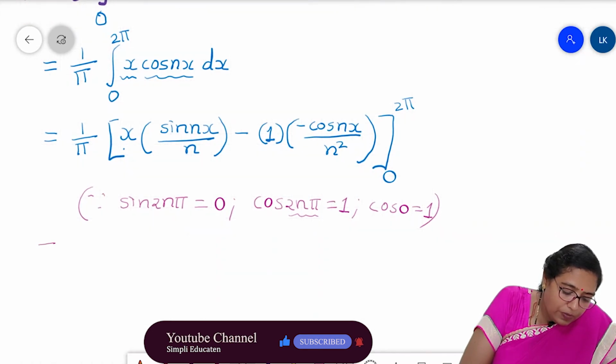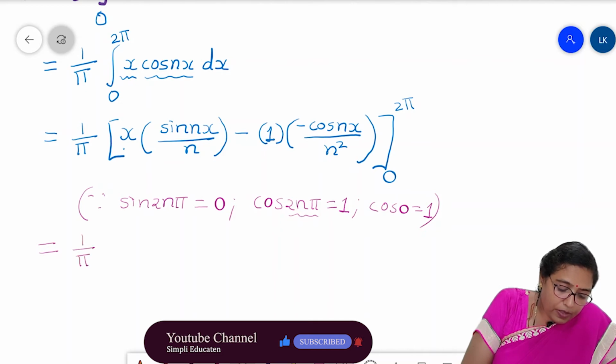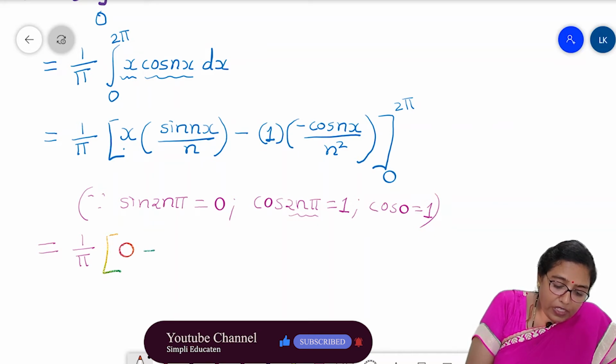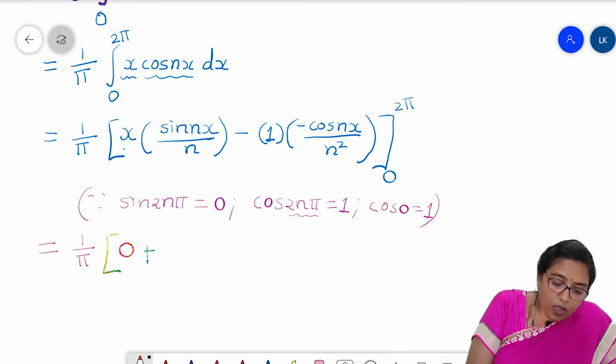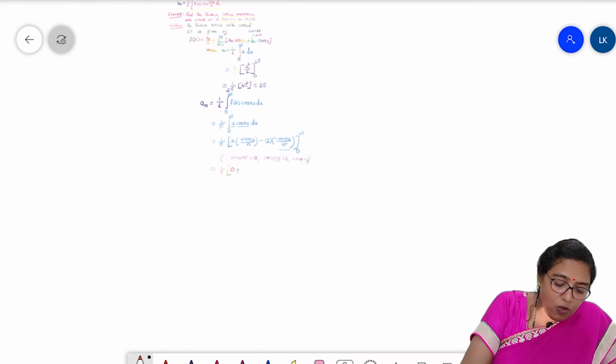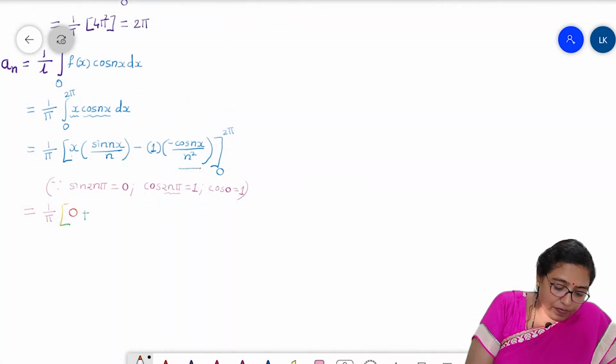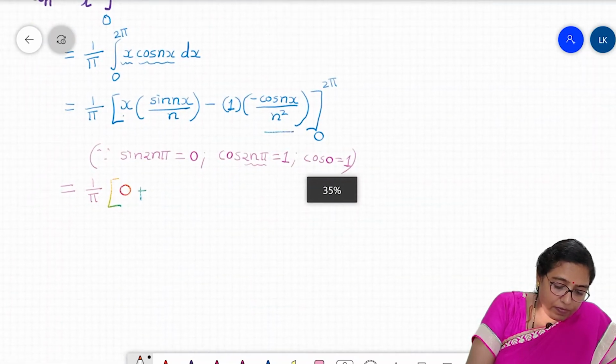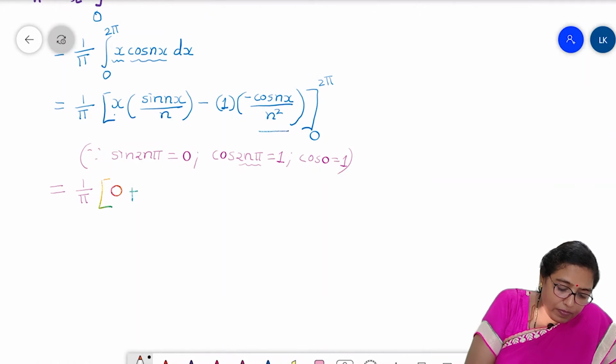Putting the value, that means equal to 1 upon pi, sin 2n pi, it is 0, minus minus plus, cos 2n pi, it is always 1. That is 1 upon n square.